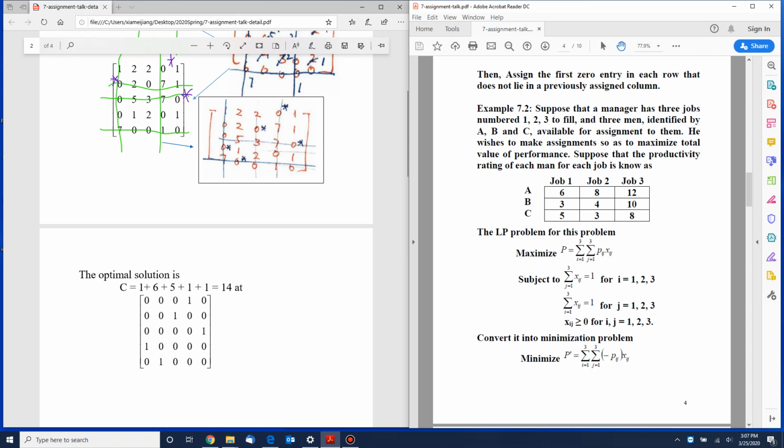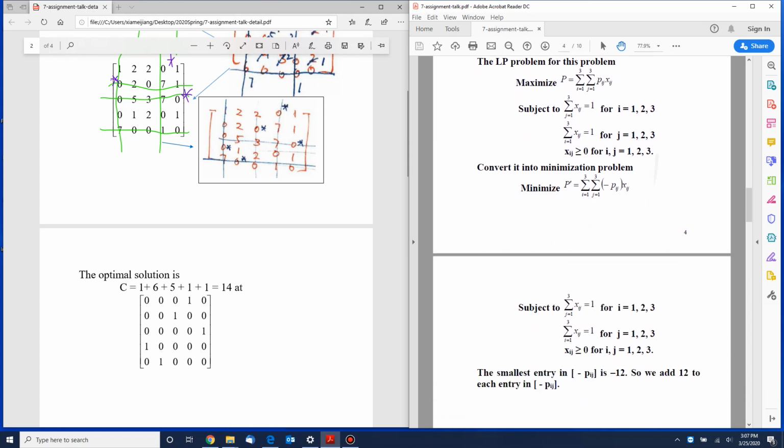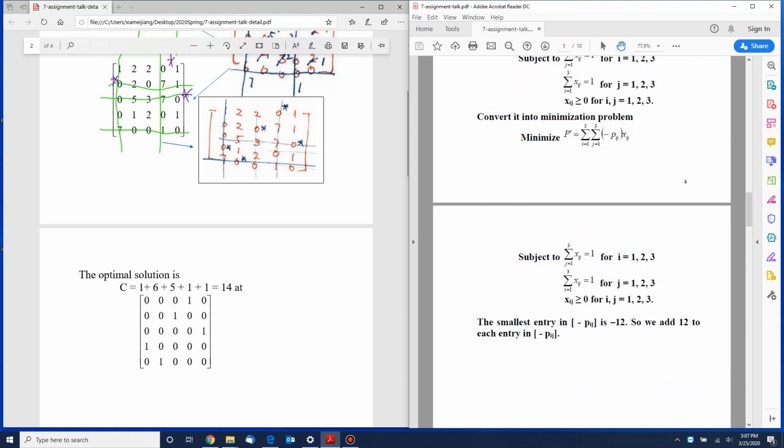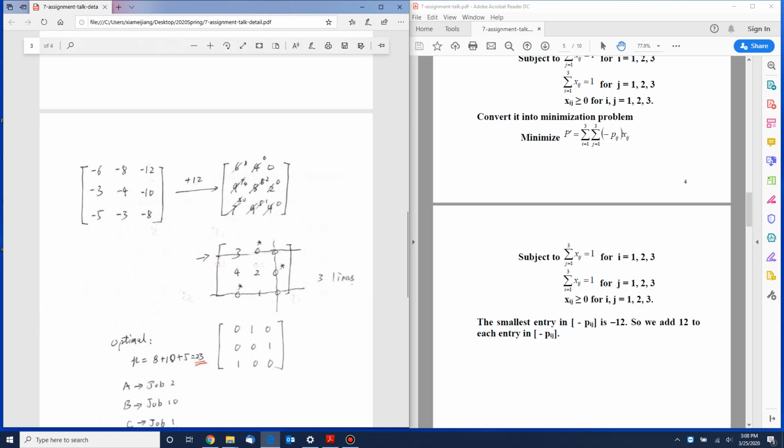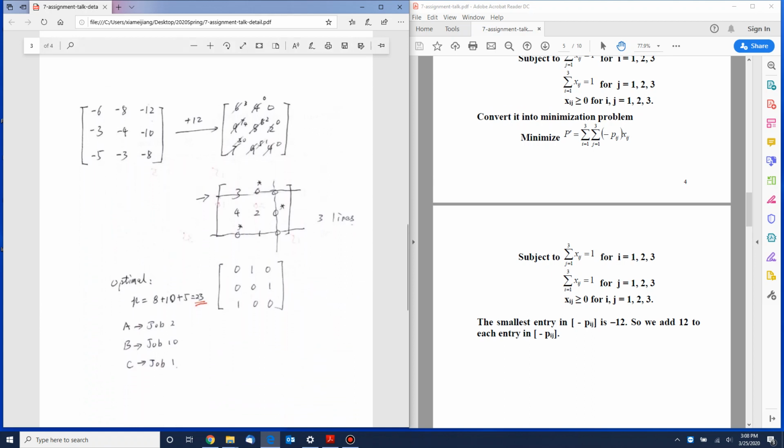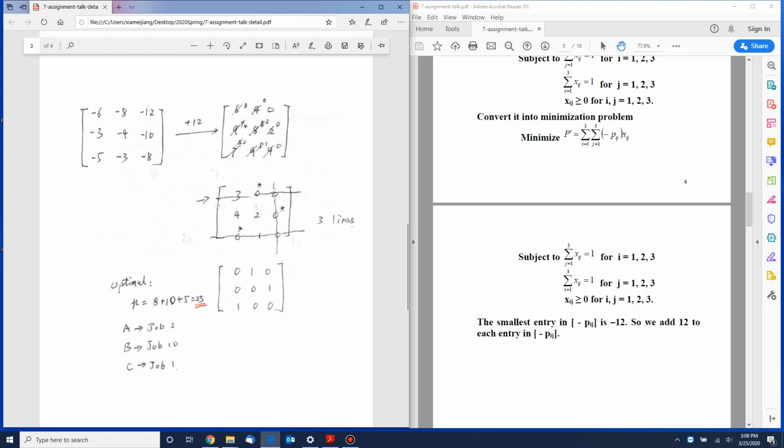All the entries are negative. Then how may we work it out? Here we just have a little change. What we do is find the smallest entry in the performance matrix, and then we add a positive number to it. For this case, the smallest entry in the performance matrix is minus 12.